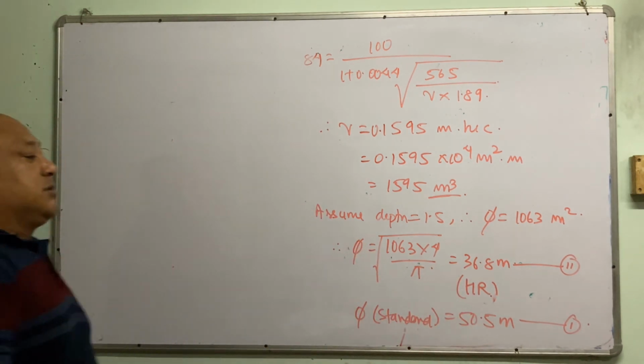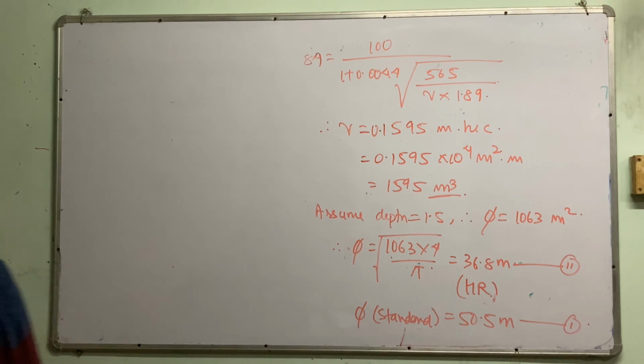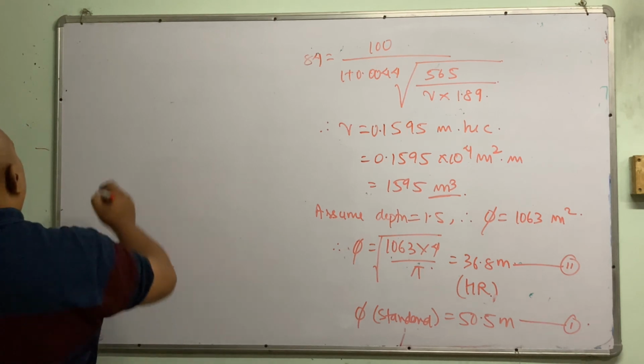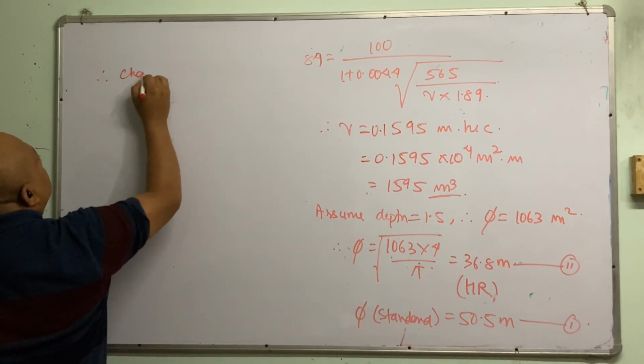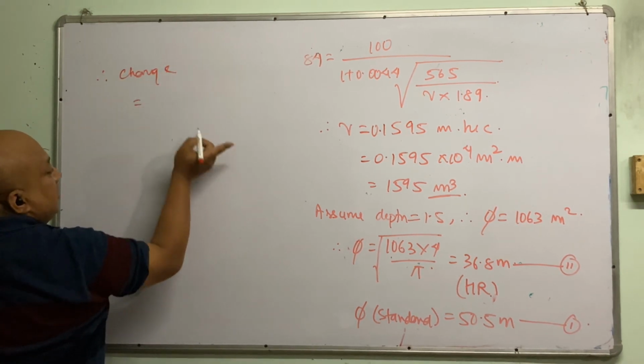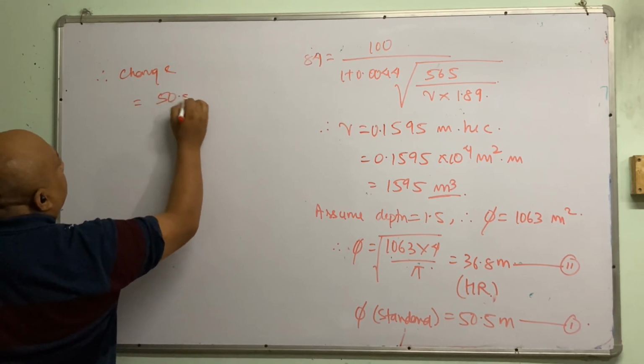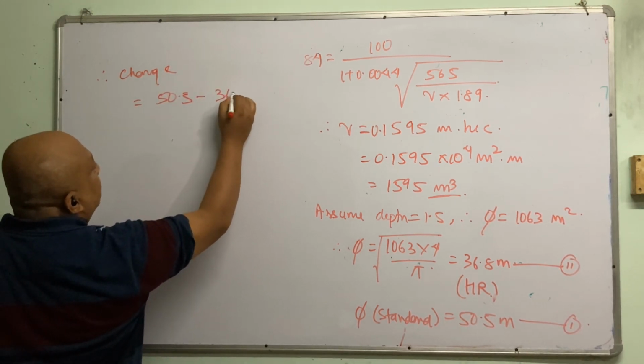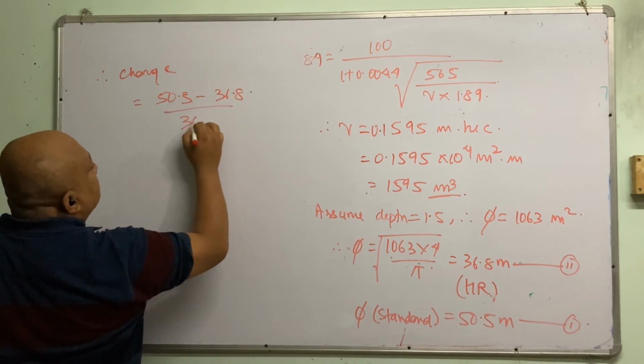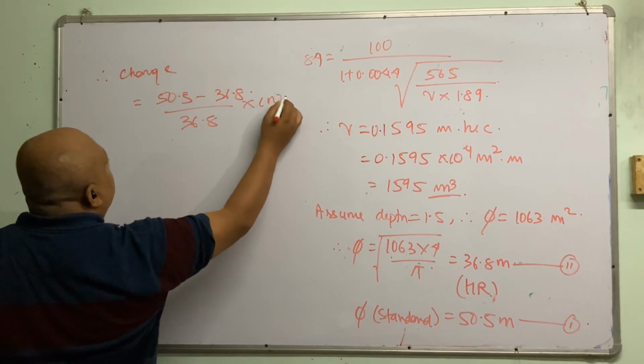So what is the change? Therefore, change is equal to 50.5 minus 36.8 divided by 36.8 into 100.